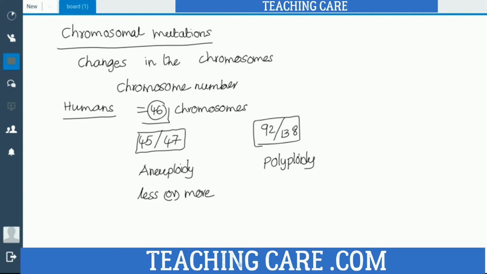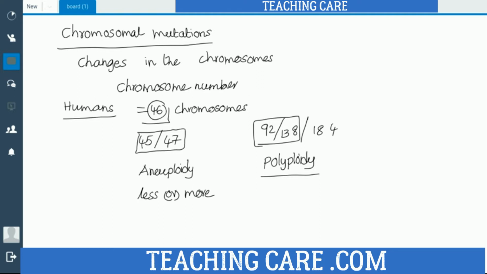Sir, 92 and 138 may be more or less, no? No. Here it can be double, triple, 4 times, 5 times. You can take 46 into 4, which is 184.